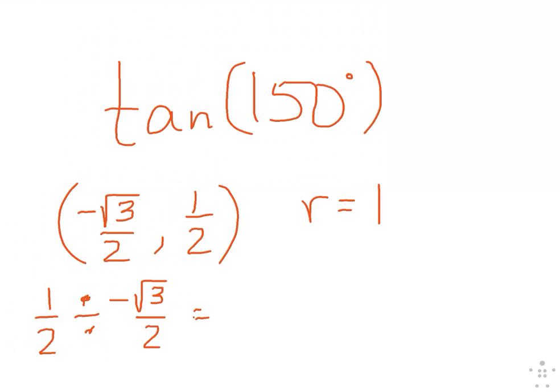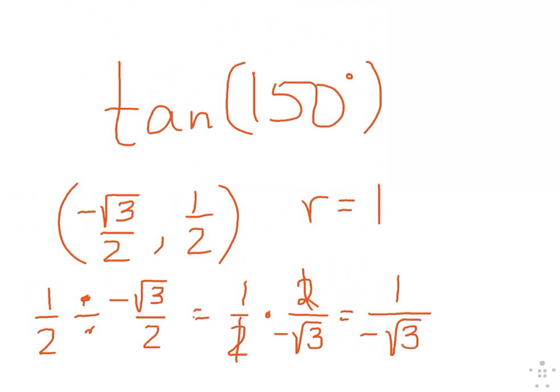When you're dividing fractions, remember you're multiplying by the reciprocal. What's the reciprocal of negative root 3 over 2? Good. What happens to the 2s? They cancel. So if I multiply straight across, you're left with 1 over negative root 3.